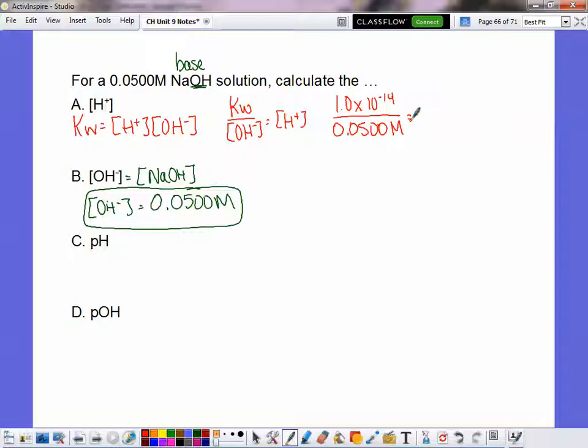How many sig figs does that hydroxide ion concentration have? 3. The leading zeros don't count, but the trailing zeros do. So what is 1.0 times 10 to the negative 14 divided by 0.0500? Yep, 2.00 times 10 to the negative 13 molar, and that's my H+ concentration.